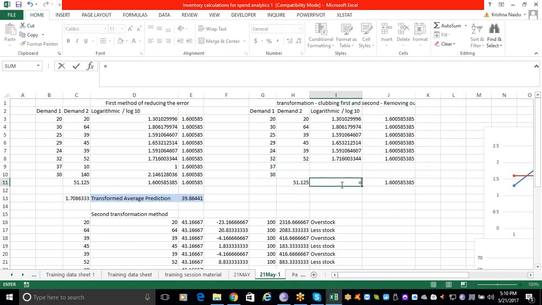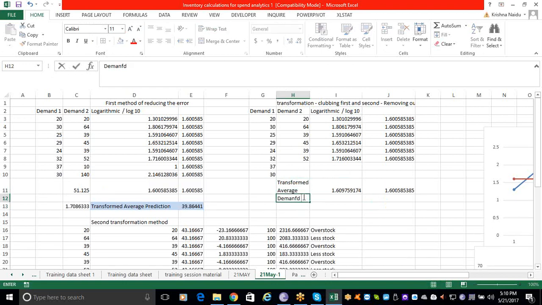Now we'll find the average of our anti-logs. Okay. That's coming here. Because 1.609 is a transformed value, now I have to go back again to find the demand value. I'll say this is a transformed average. Now I'll find the demand from the transformed average.